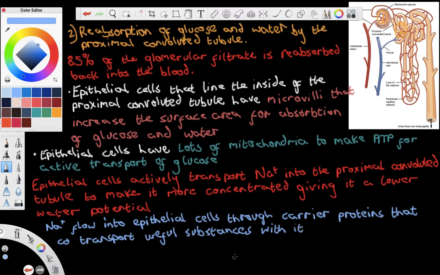So, for example, you may have, inside of the proximal convoluted tubule, the PCT, lots of glucose in there that is useful. So these are my glucose molecules.